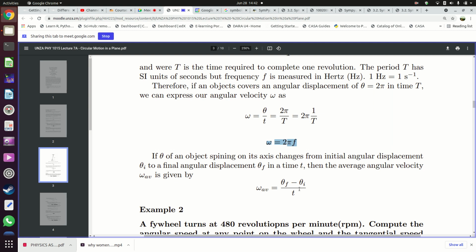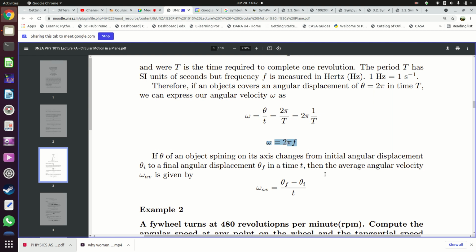So for example, when you start measuring, the angle is theta i. That's your initial angular displacement, theta i. Then after a certain amount of time t, the angle is now theta f, which is your final angular displacement.